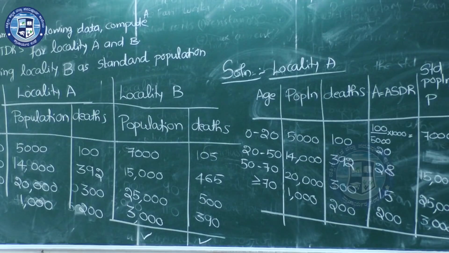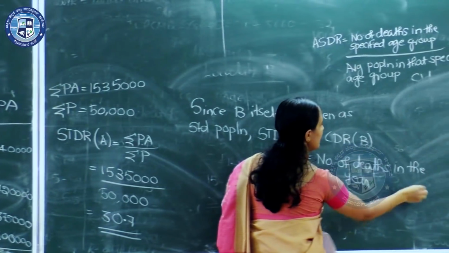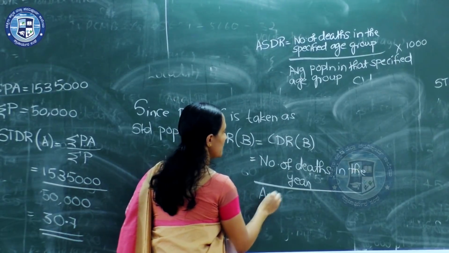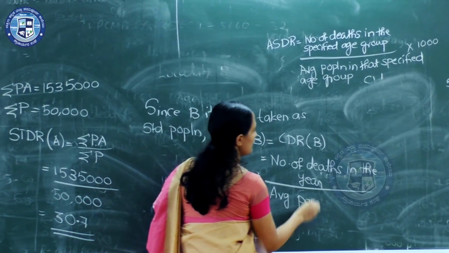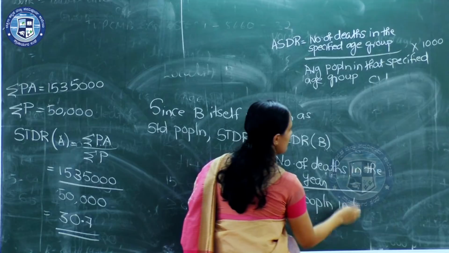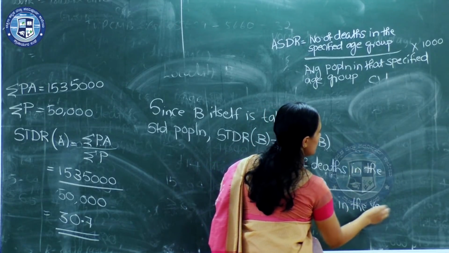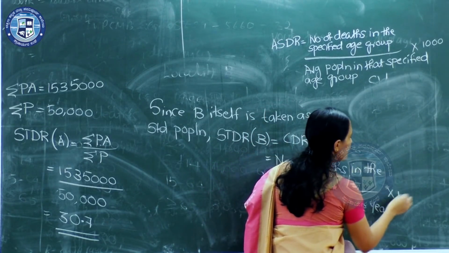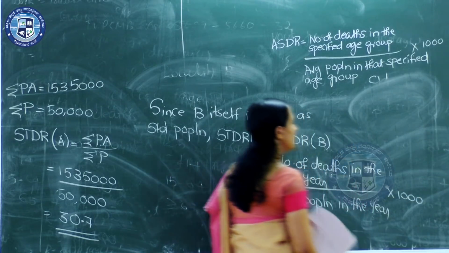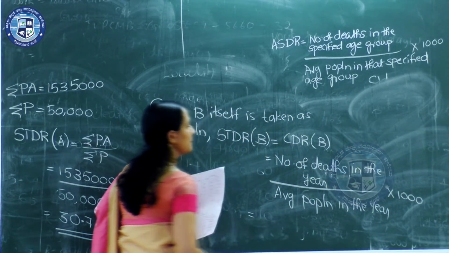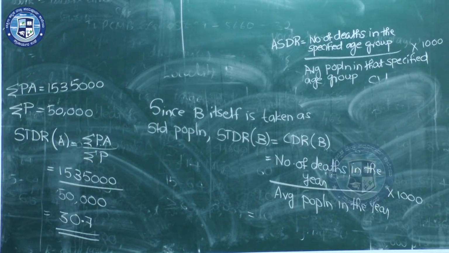Number of deaths occurring in the year divided by average population in the year into 1,000.